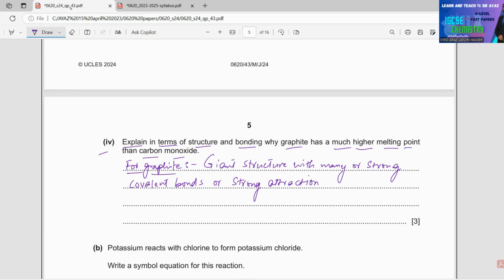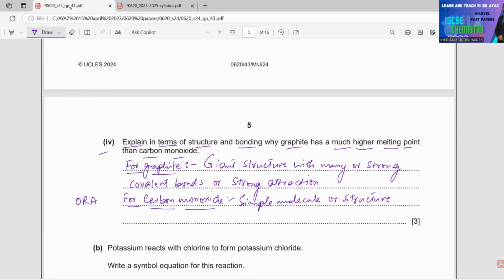You can even write the reverse argument for carbon monoxide, which is that it has a simple molecular structure.